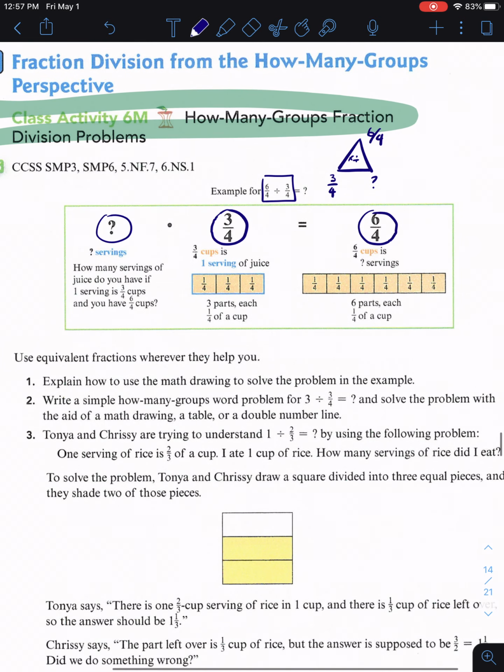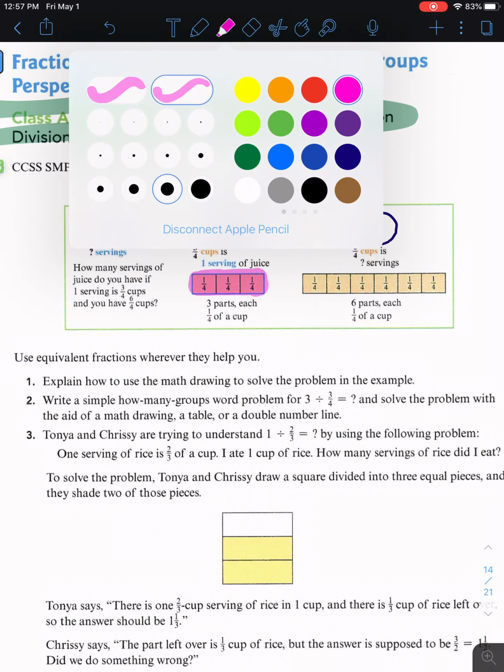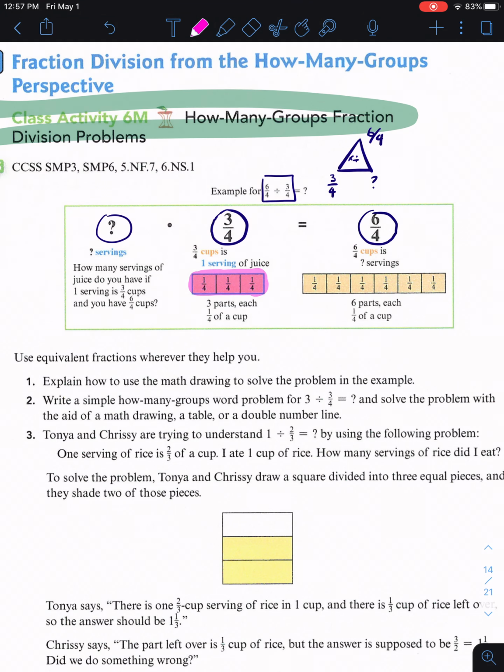Now, it says here for question 1 is explain how to use the math drawing to solve the problem, for example, in the example. So for example, we want to know how many of these we need to have 6/4. Well, let's see. This is one of those, and this is another one of those, right?